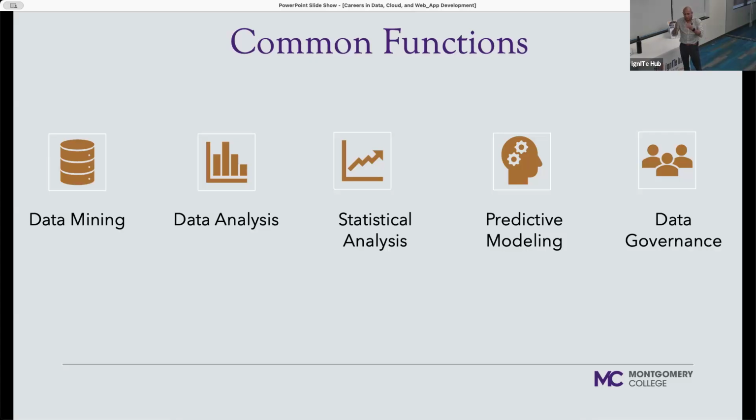How? Because now you can start using that data, like the name says, to predict. So for example, if you're a company that makes cars, you collect the data from all the people that have either been interested or have purchased your vehicles, et cetera, and you put it through data analysis and a statistical analysis.